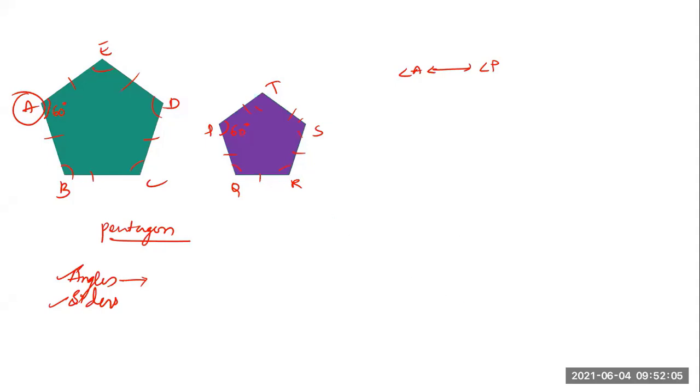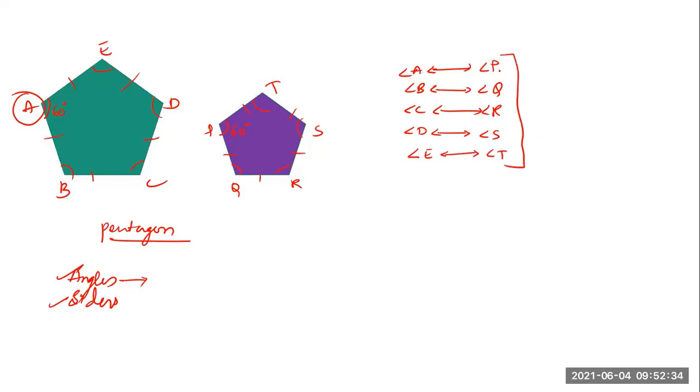So angle A is corresponding to angle P, angle B to angle Q, angle C to angle R, angle D to angle S, and angle E to angle T. If these corresponding angles are equal, that means A equals P, B equals Q, C equals R, D equals S, and E equals T. The corresponding angles should be equal.